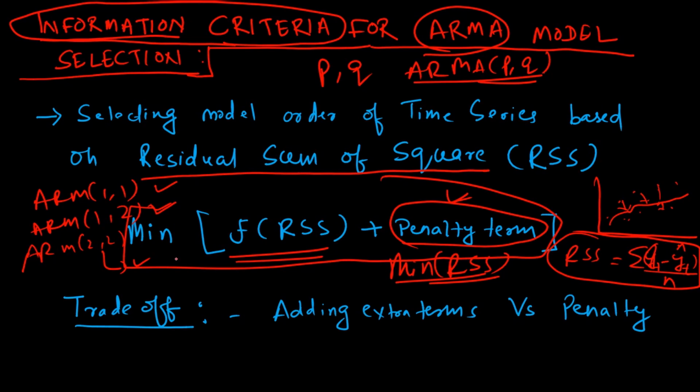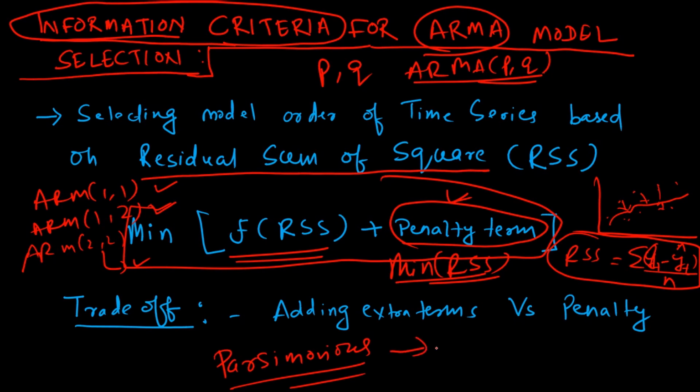That is logical, because adding more terms makes your model more complex. And if you know what a parsimonious model is, it is a model which is not only efficient and able to make a good prediction, but is also a simple model, right?